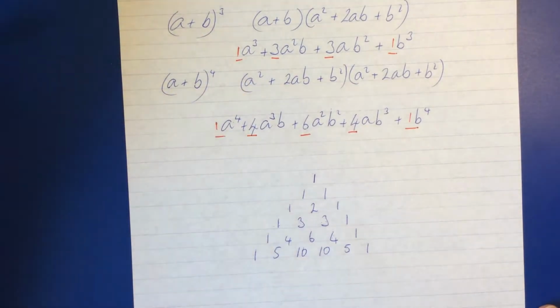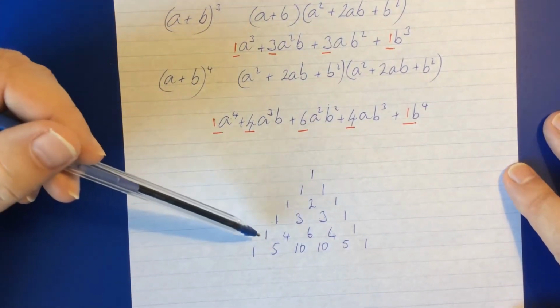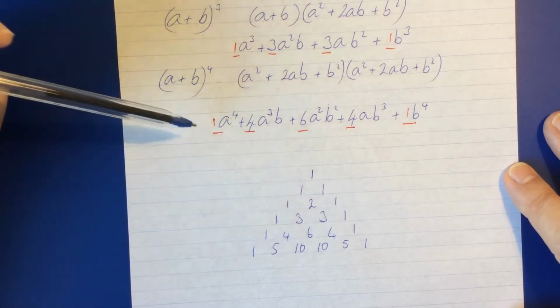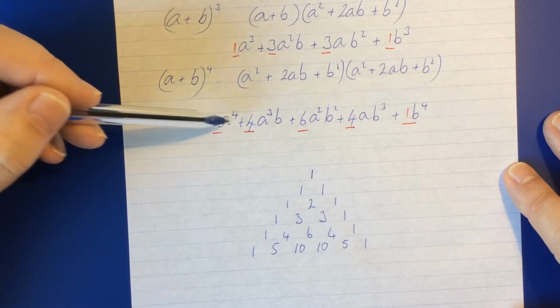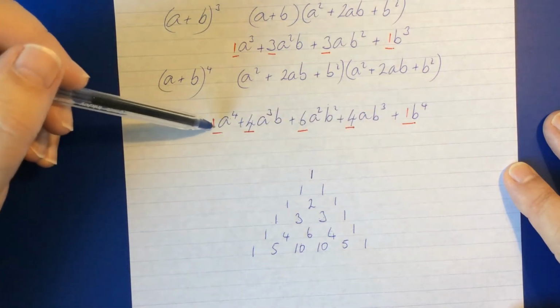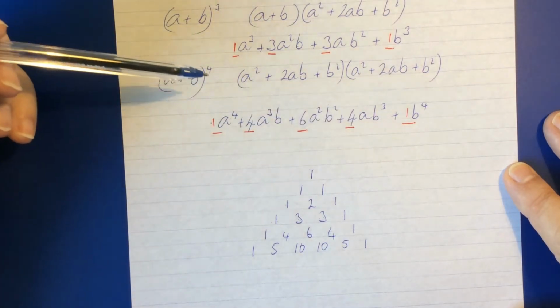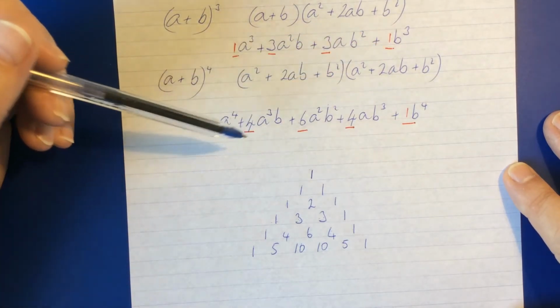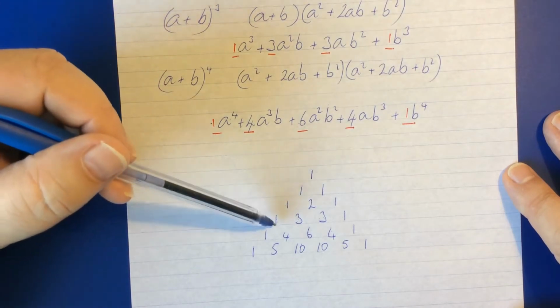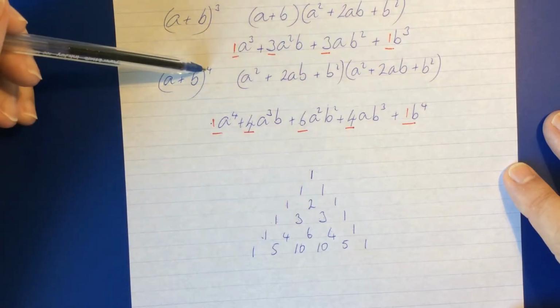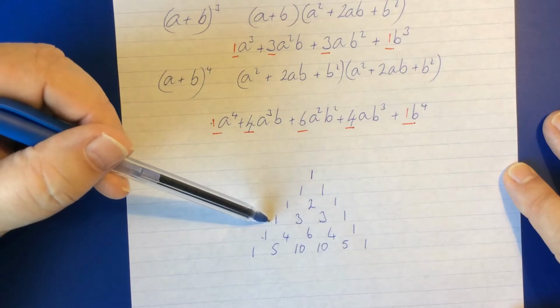And what you will have immediately noticed, I hope, is that at this point here in Pascal's triangle, we have the coefficients of each of the expressions in this binomial expansion. And if you look up the page a little more, you'll see that it is indeed a pattern that works. So this is the set of coefficients for an expansion to the 4th power, this for the 3rd power.